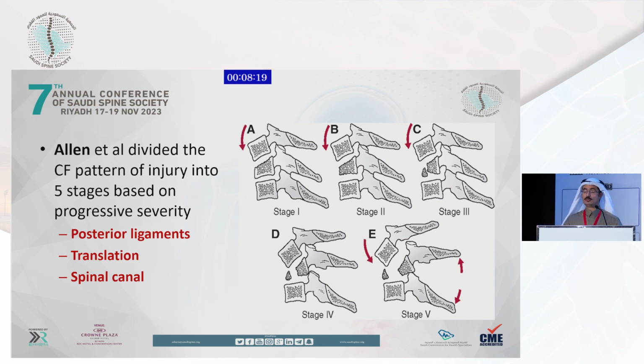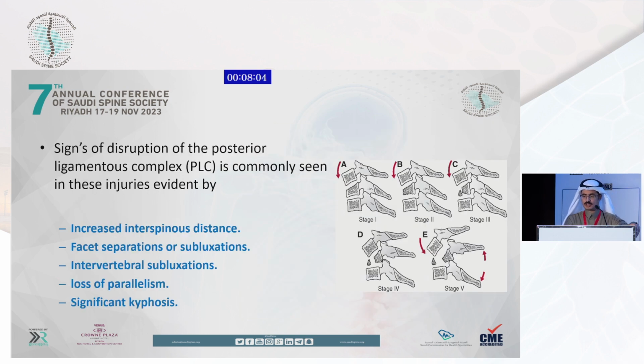Stage 5 is where the displacement is so significant, with translation of more than 3.5 millimeters and spinal canal compromise, and of course there is disruption of all the posterior elements.